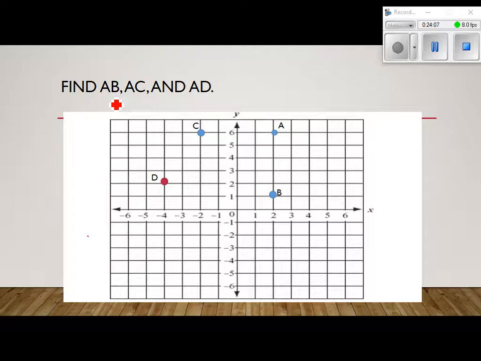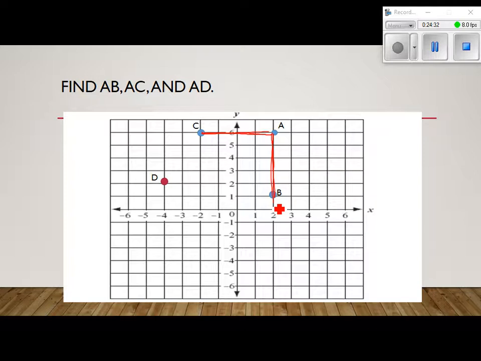We started to talk about this last time, maybe didn't get completely to it, and we're going to do more with it this time. If we have that horizontal segment, how can we find the length of it? Count the squares, count the spaces. If we have this vertical segment, how can we find the length of it?